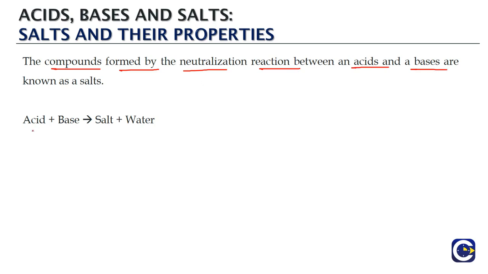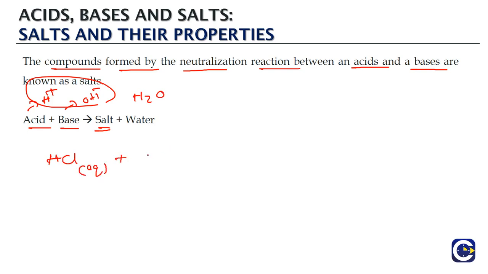Like if we have an acid and base reacting, generally we talk about the Arrhenius acid, which gives H plus ion, and Arrhenius base, which gives OH minus ions. So these two will combine to give us salt, and the H plus and OH minus will give us water, H2O. If you look at an example, like we have an acid HCl as a solution in water.